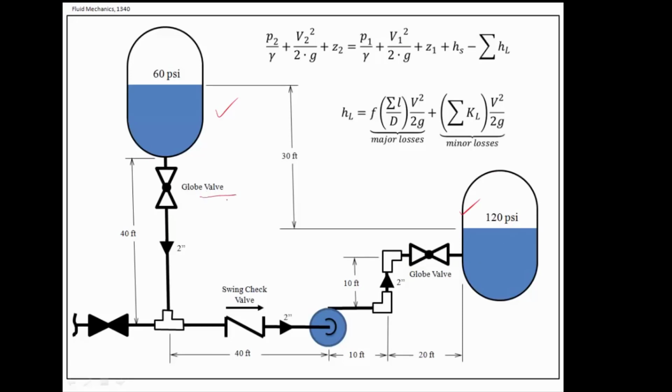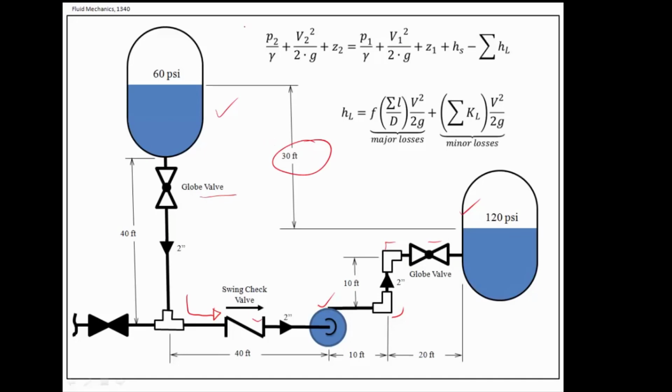It goes through a globe valve, then through a branch T right here, then through a check valve, through the pump itself, through a couple of elbows, through a globe valve, and there's a distance of 30 feet between the surfaces.